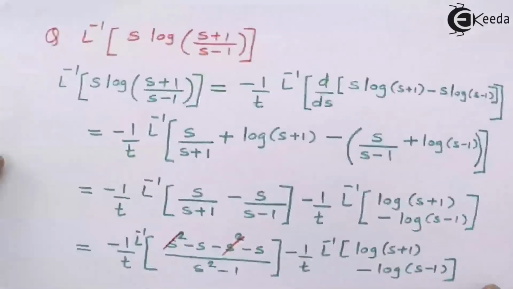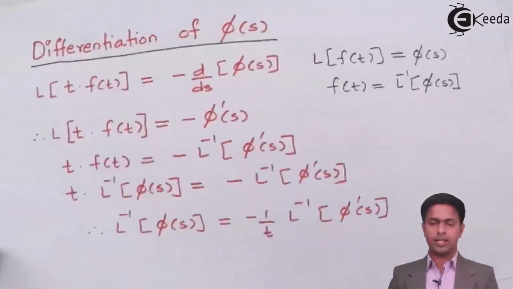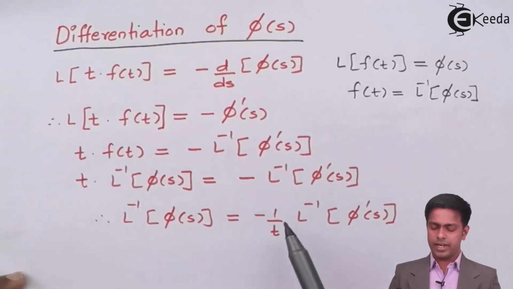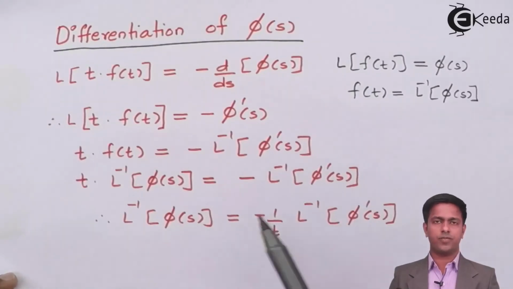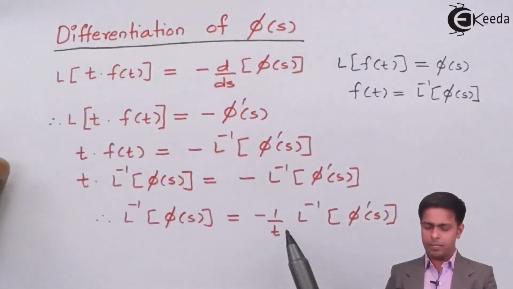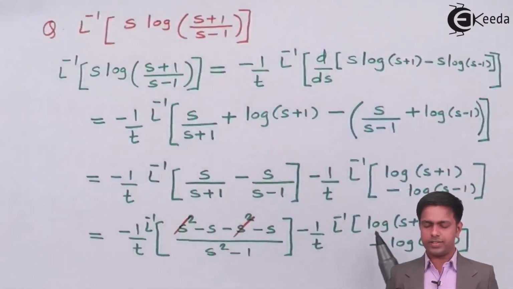And now to find the inverse Laplace transform of this log function, I am going to use this property once again. So as per the property, the answer is negative 1 by t into Laplace inverse of the derivative of this function of s. Now guys, this time this will be my new function of s, and if I apply this property, then my answer will be minus 1 by t into Laplace inverse of the derivative of this.